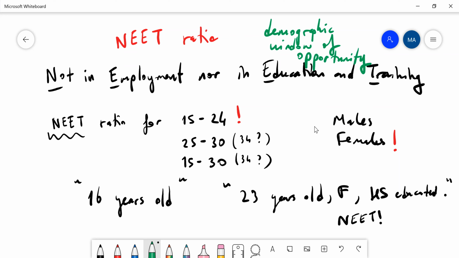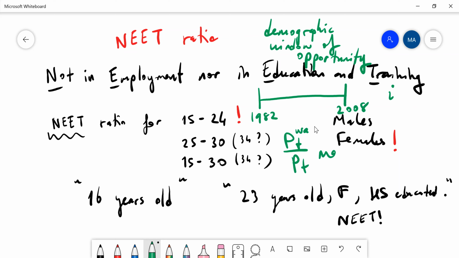What this means is that there is a certain historical episode for any country, let's say 1982 to 2008. I'm just making this up for some country. Within that time interval, the share of working age population is largest.